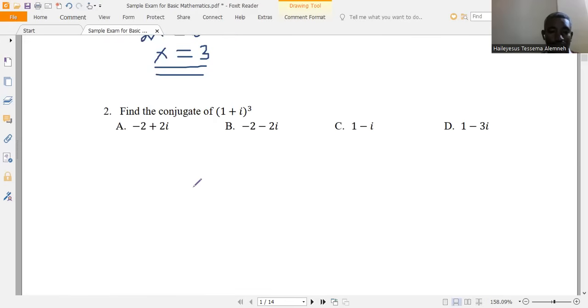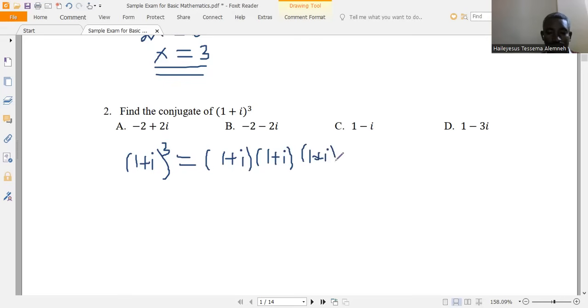The next question is: find the conjugate of (1 + i) cubed. So (1 + i) cubed means (1 + i) times (1 + i) times (1 + i).